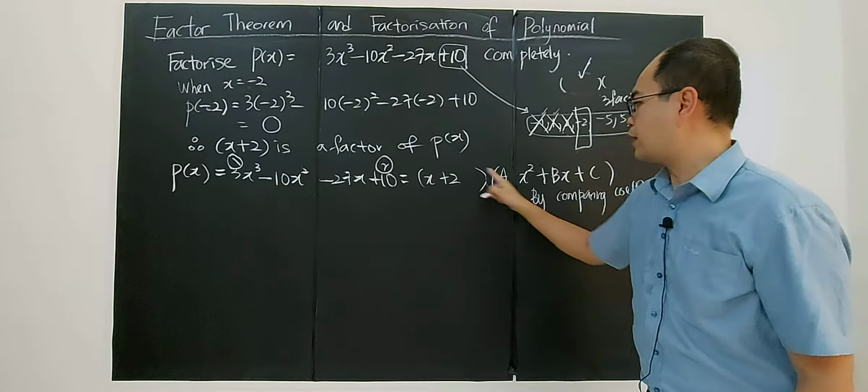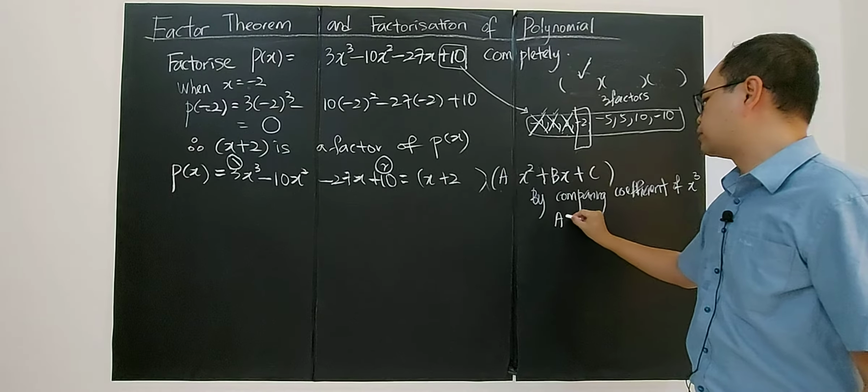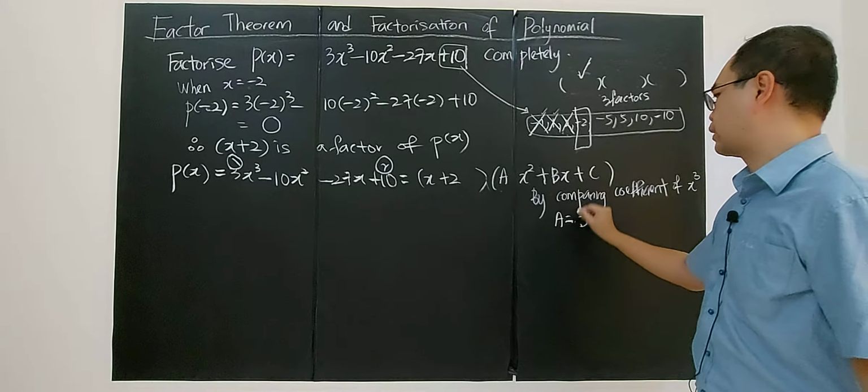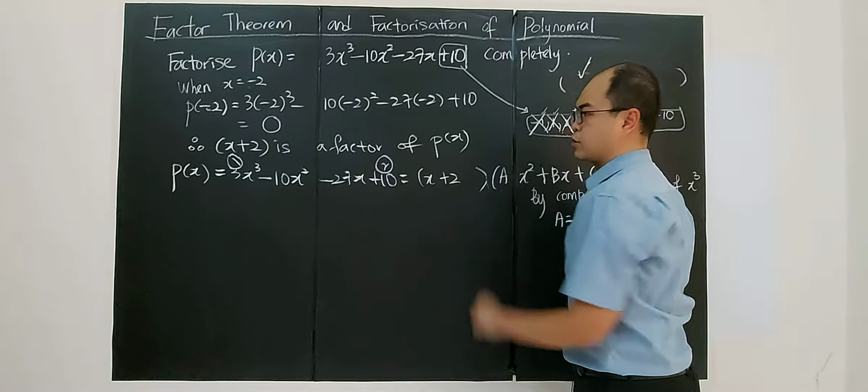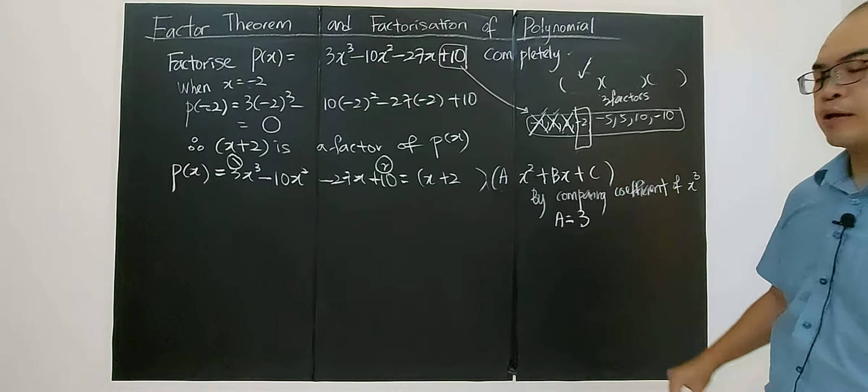So 1 times a means a must be 3. 3x squared and x give 3x cubed. That's why a equals 3.